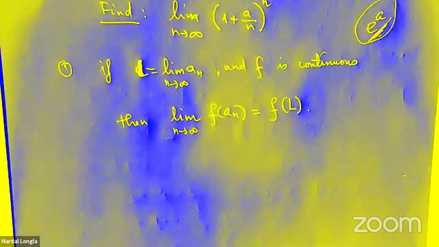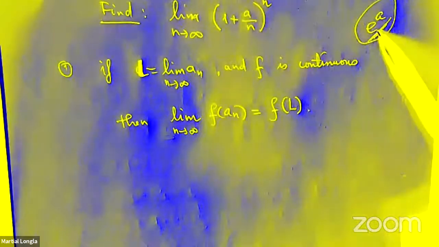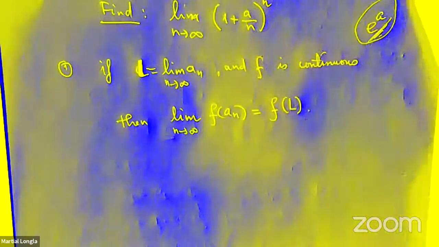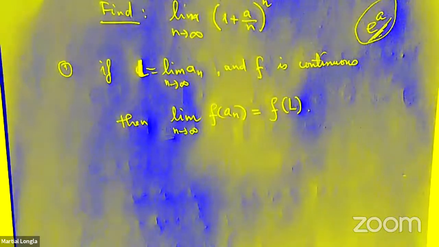In this class, it doesn't stand true anymore when we're talking about limits, because 1 to the power infinity in this case is going to be e to the a. It's not 1. So be very careful when you're computing a limit and you see 1 raised to an infinite power. It's not always going to be 1.